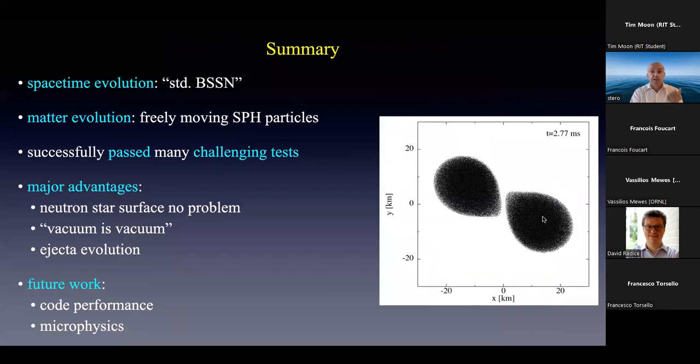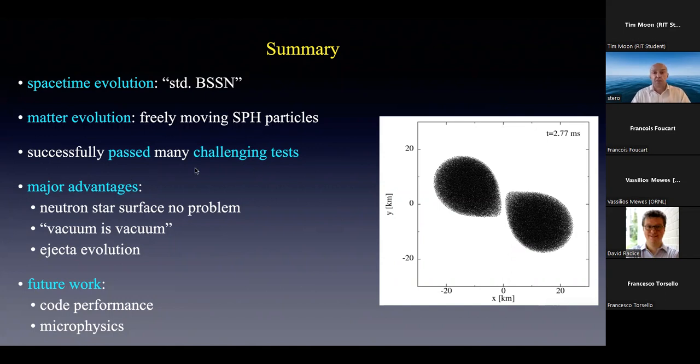Now, just to summarize, this is a new method, still in the early stages of development, and we have, of course, a long to-do list of things that we still want to do. But I think the basics are working now. The spacetime is evolved with standard BSSN, and the matter evolution is by 3D moving SPH particles.